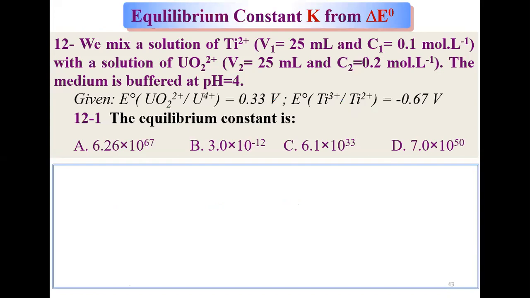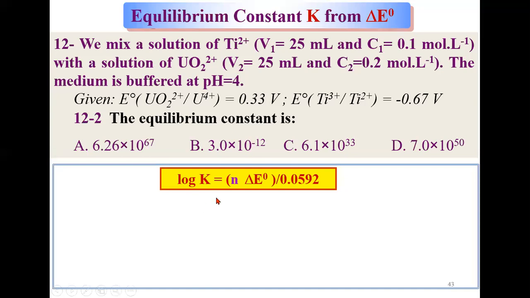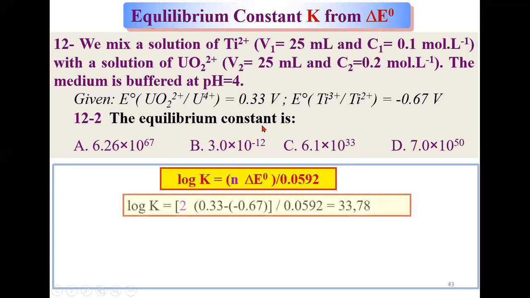What is now the equilibrium constant of this reaction? We all know that the equilibrium constant can come from the reaction or from the concentrations at equilibrium. In this case, we are given the E naughts for both couples, and therefore, very simply, the log K will be the total number of electrons transferred times the delta E naught for the two couples.